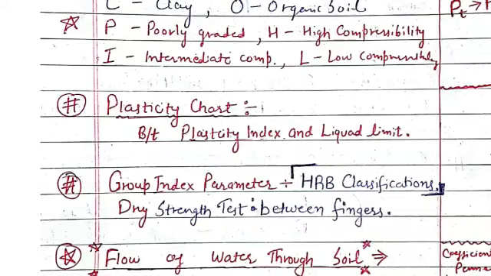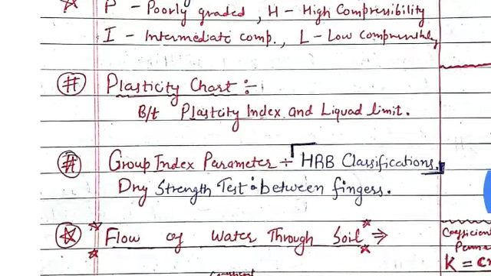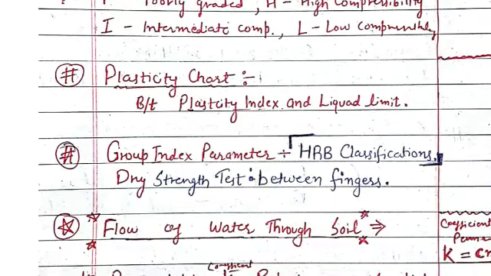Plasticity chart is drawn between the plasticity index and liquid limit. Next one, group index parameter. Group index parameter is used in HRB classification.